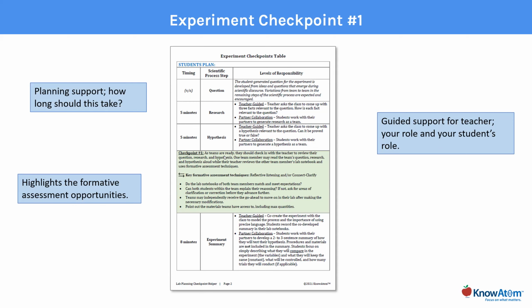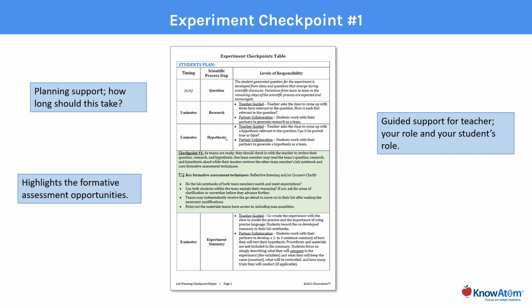At checkpoint 1, you're looking for question, research, hypothesis. And I want to be careful using the words look for. When I did this in my own class with my students, and I have done this literally thousands of times, I always preferred to have students read their question, research, and hypothesis.